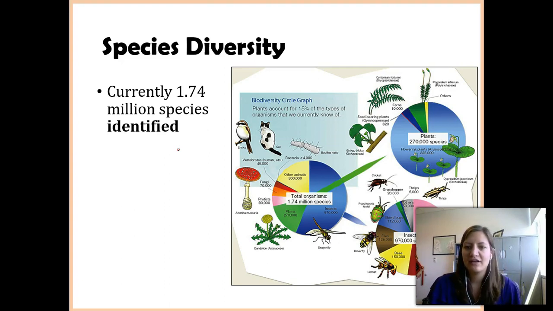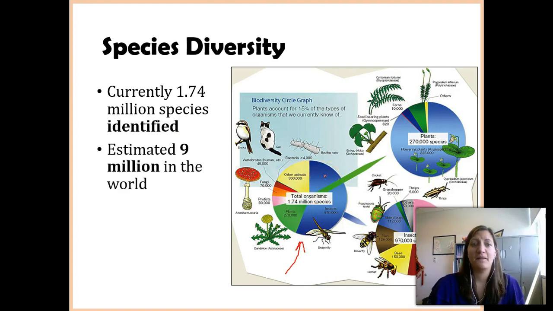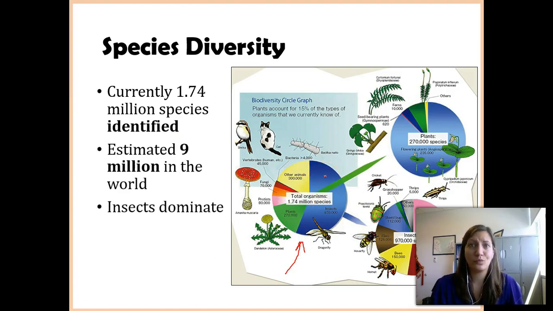Of these species, so you see a couple of different graphs going on here. So it's this one right here you want to focus on. This is showing all of those species. As you can see, insects rule the world. Over half of those nearly 2 million species are insects. So they're everywhere. They outnumber other animals.